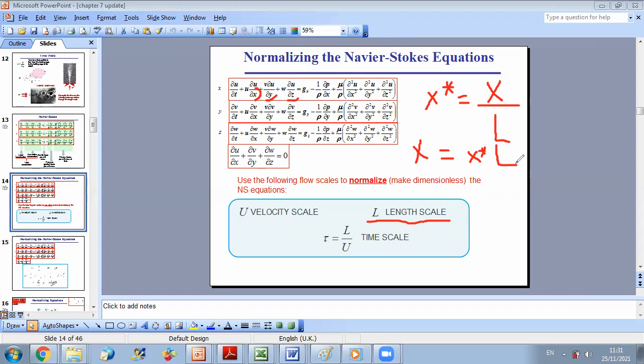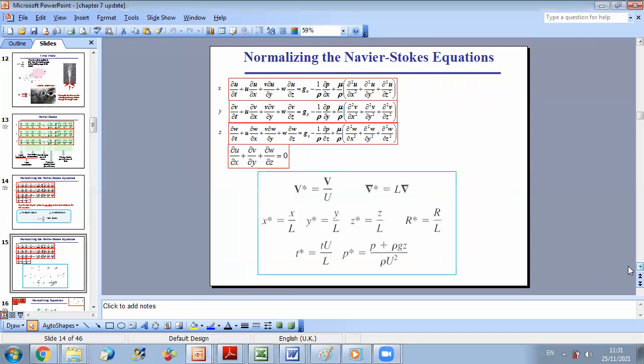Okay. Now, what about the pressure? Also, we can define a characteristic pressure and normalize with respect to it. Here I am just showing you the different dimensionless parameters. We already talked about the velocity normalized parameter.